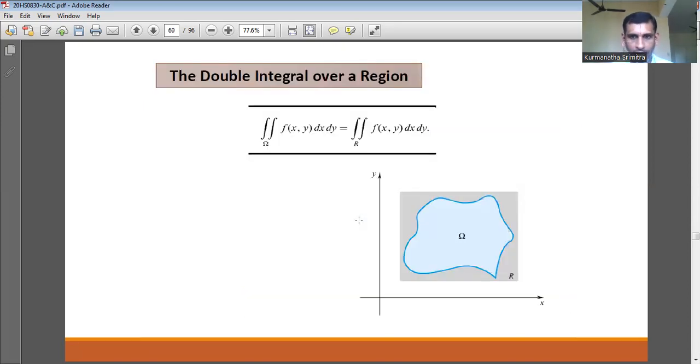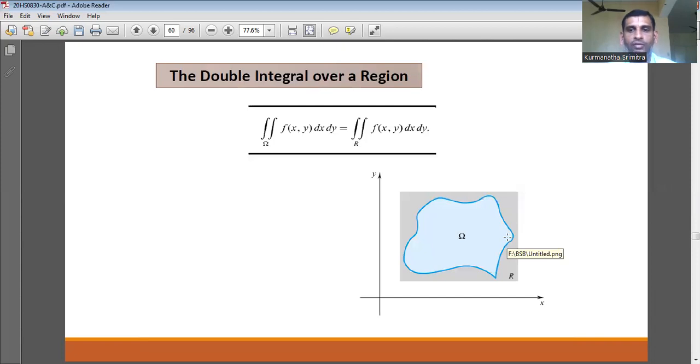And this is a graphical representation for a double integration value. This is the region, and the boundary line is denoted by this blue line. It is the boundary of some region.